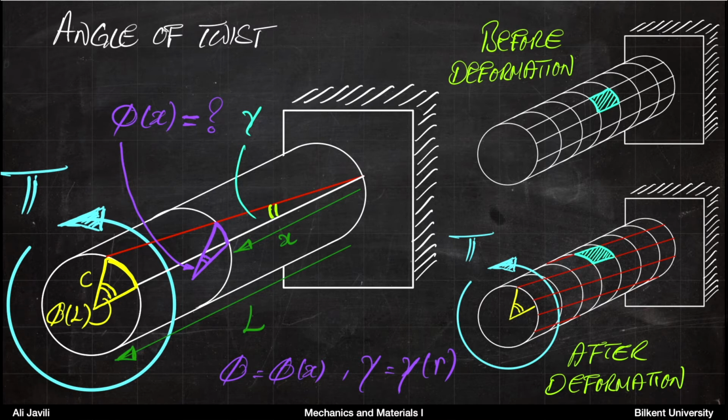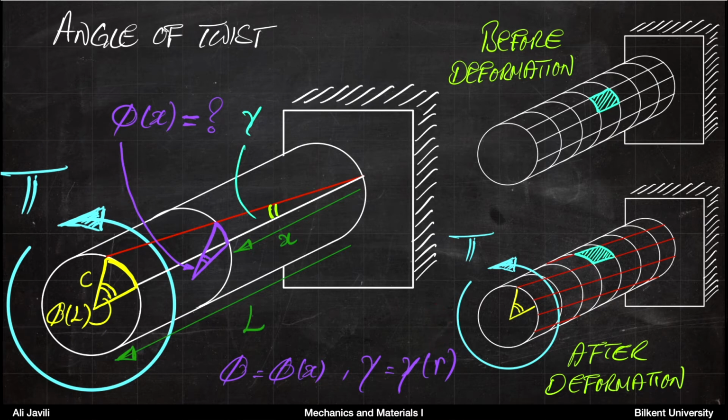And then you have also this angle here, let's say on the cross-sectional area, that we call angle of twist phi. And also we learned that angle of twist phi is a function of x, so it will change with x, as you can see. But gamma is not a function of x, so shear strain is only a function of radius.